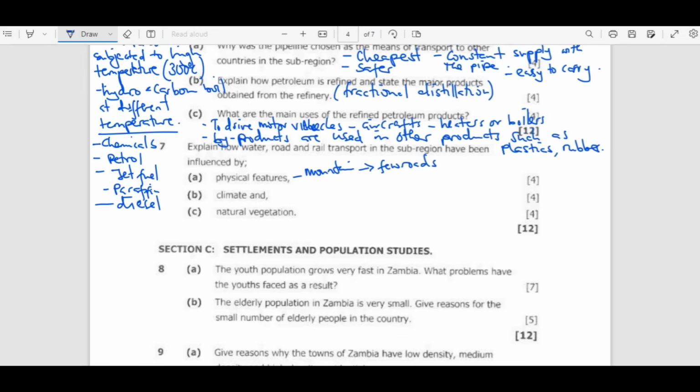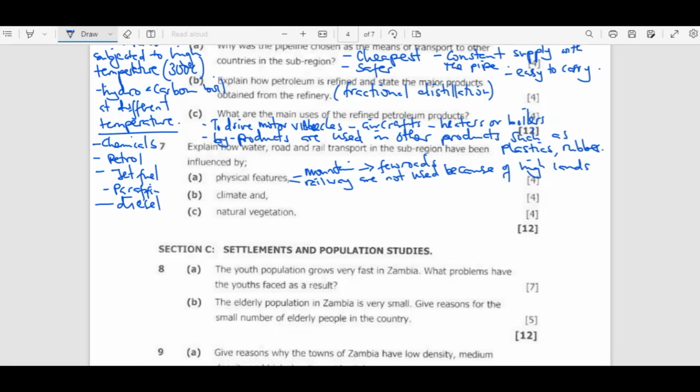And then apart from that, we can say because of the land, railways are not used because of highlands.